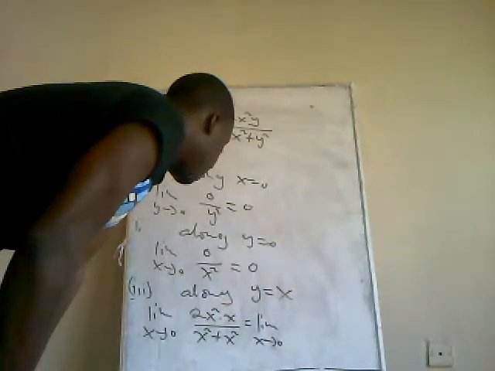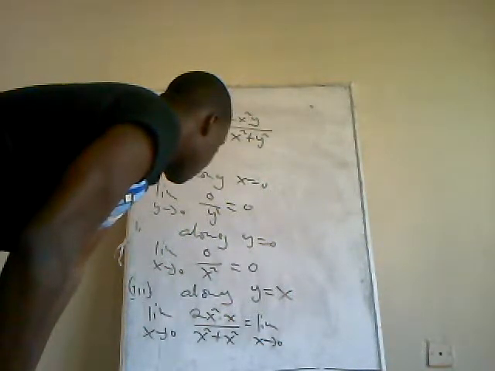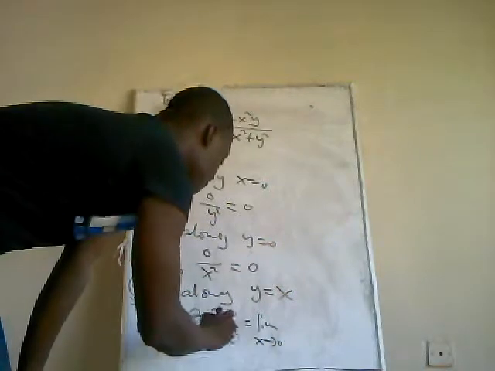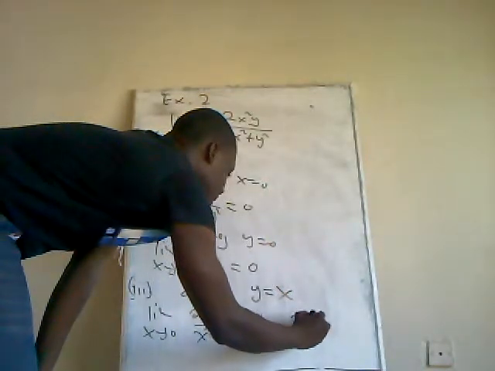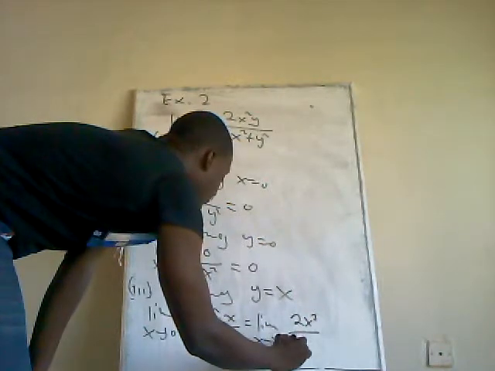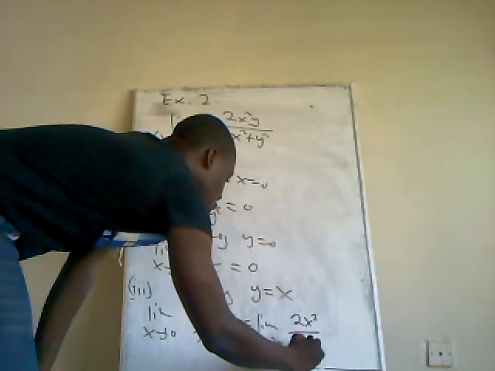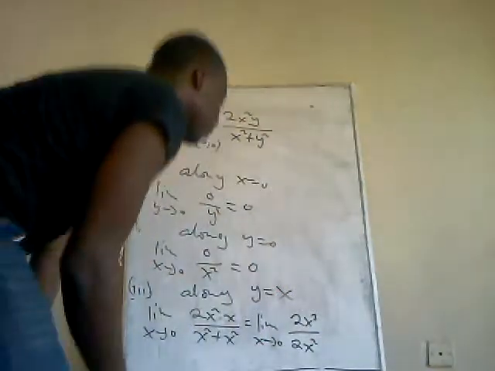the limit as x approaches 0 of 2x to the power 3 all over 2x squared.